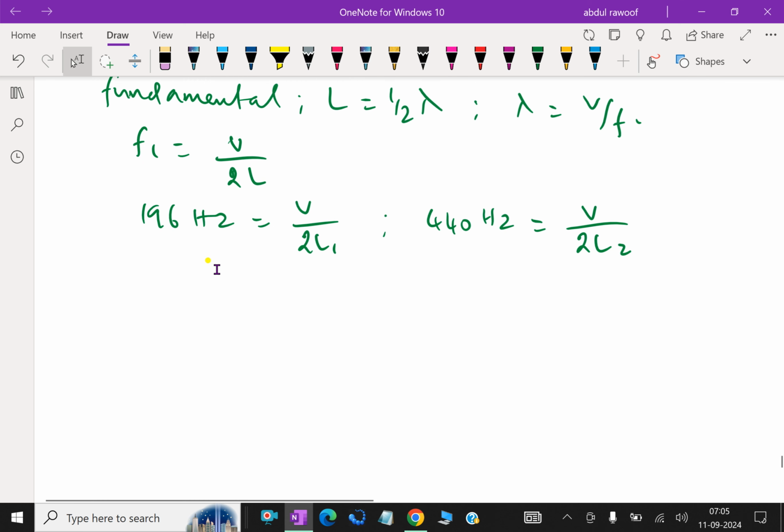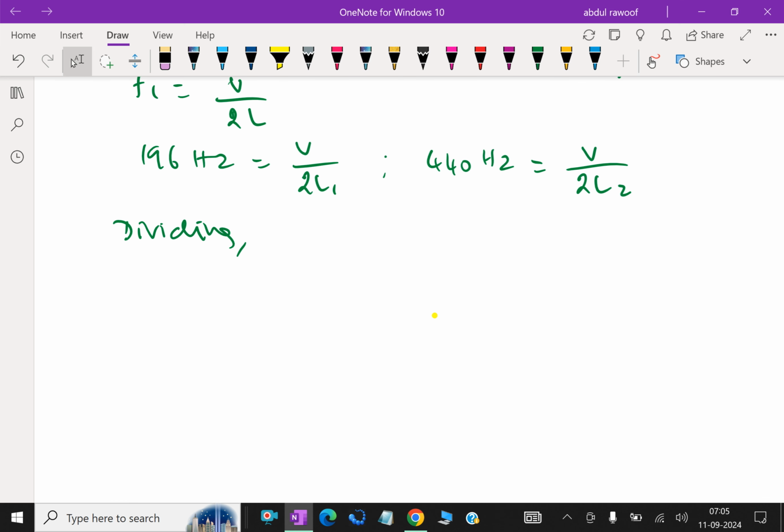So look at here, dividing both equations, we have L2 over L1 equals 196 over 440, which is equal 0.445.